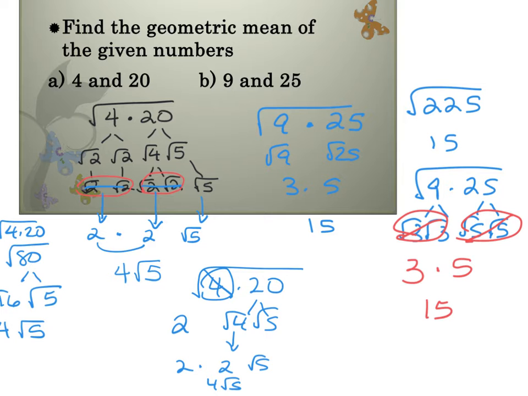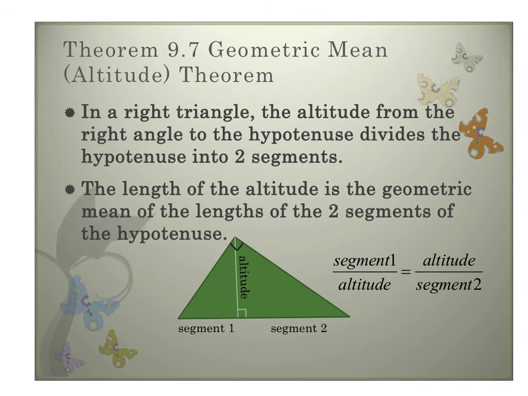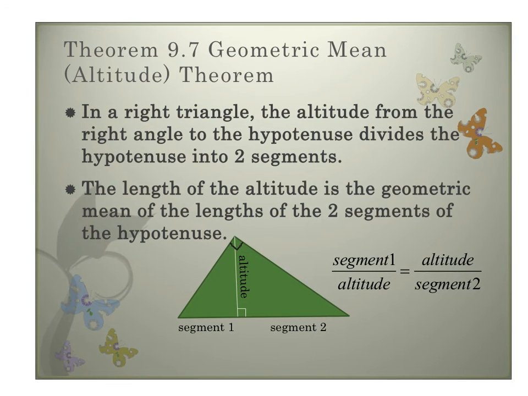Everybody ready? Theorem 9.7, and again, the number's not important. This is called the geometric mean or the altitude theorem. So here it says, in a right triangle, the altitude from the right angle to the hypotenuse divides the hypotenuse into 2 segments.